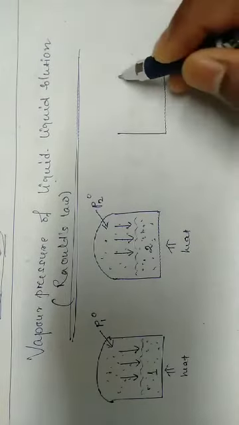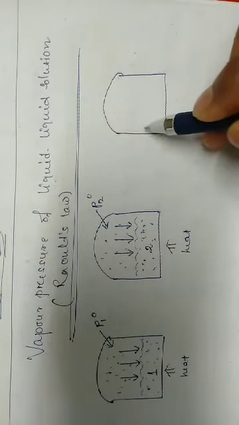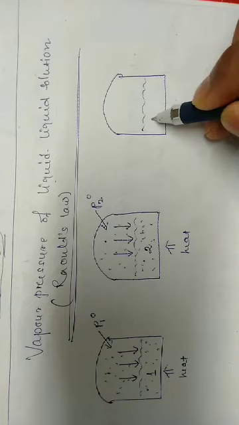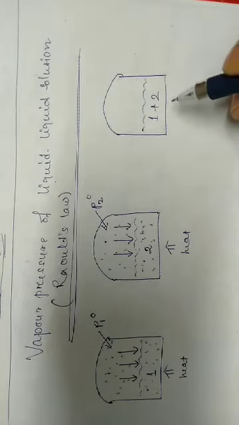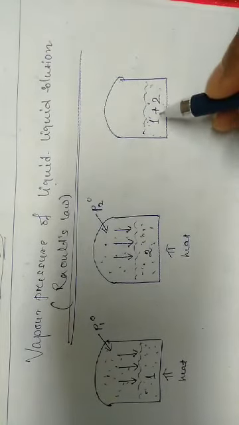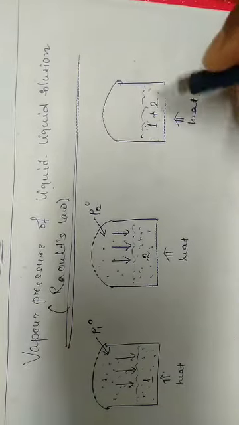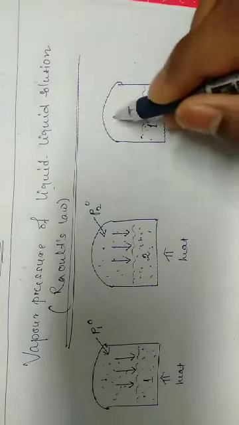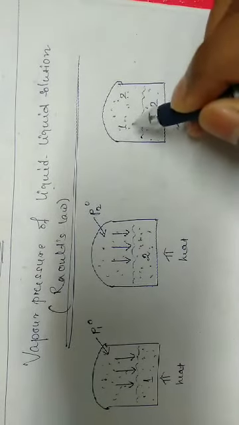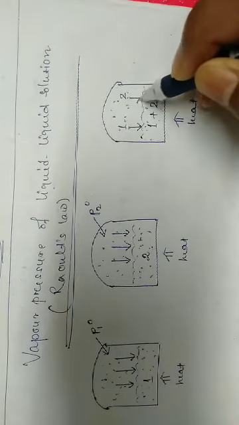Now one more container, the third container, in which we are considering a solution. This is a binary solution in which two liquid components are present, component 1 and component 2. We prepare the solution by mixing the two liquid components 1 and 2. Here also heat is supplied to this container, and both liquid components 1 and 2 vaporize. Then there is pressure applied by the vapor molecules of 1 as well as by the vapor molecules of 2.